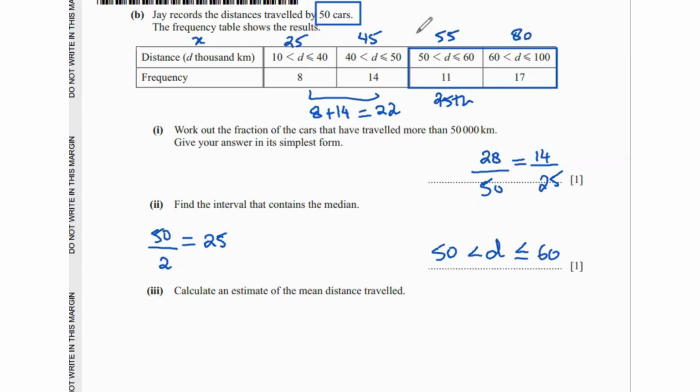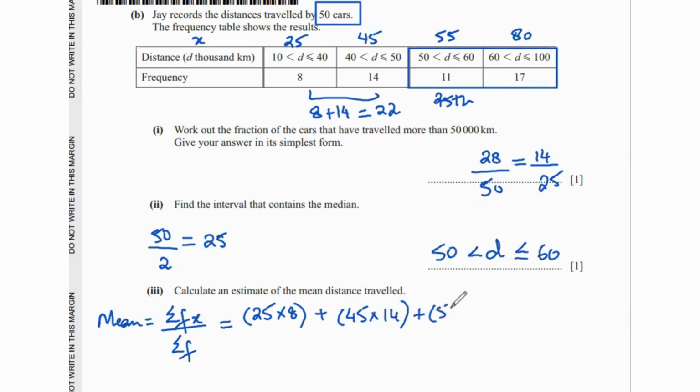Once you've identified the midpoint values, you use the mean formula, which is sigma fx over sigma f. Sigma fx is going to be 25 times 8 plus 45 times 14 plus 55 times 11 plus 80 times 17, which is going to be divided by the total number of cars, which is 50.